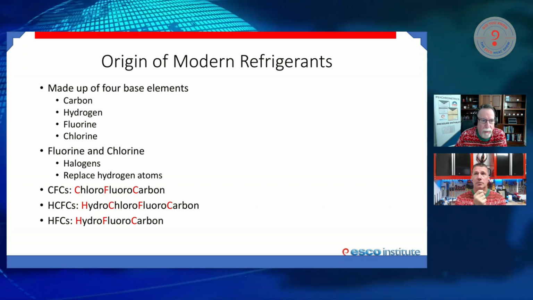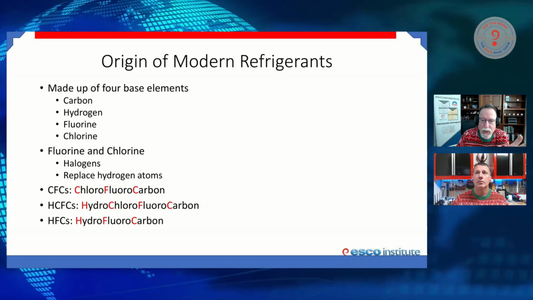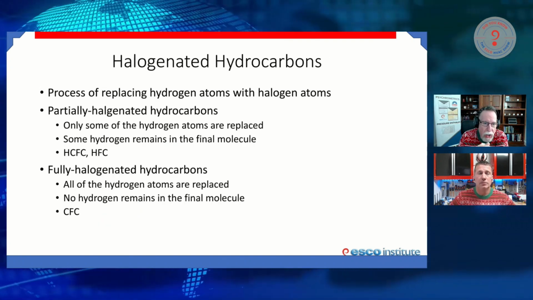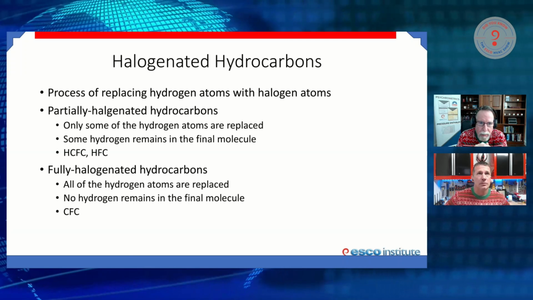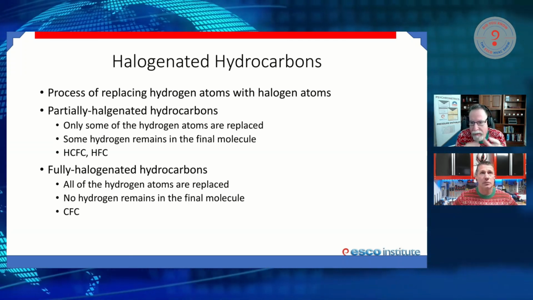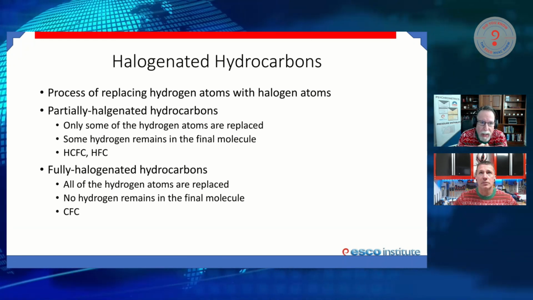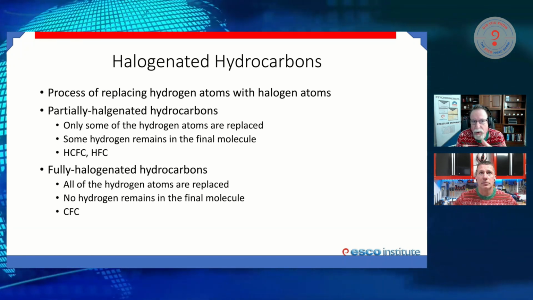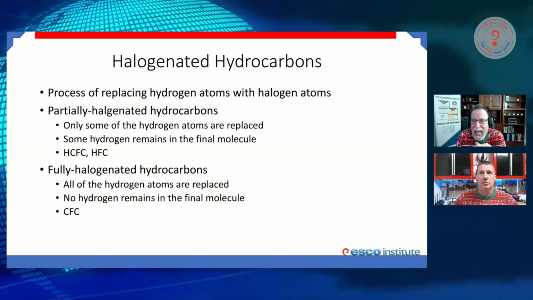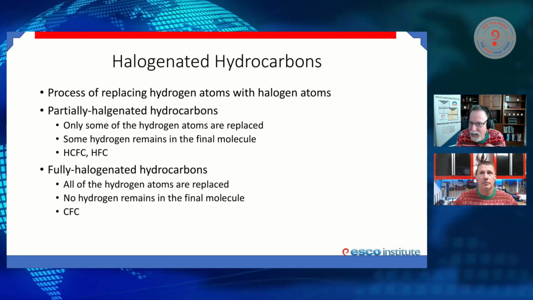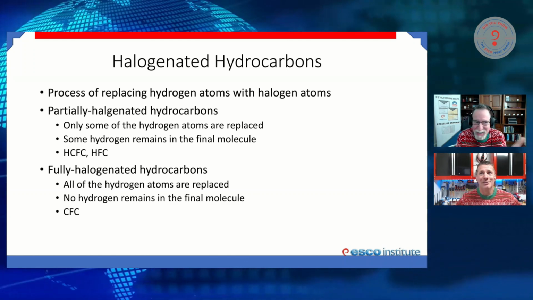So when we talk about CFCs, it's really about the atoms that make up those base molecules. Once we start plucking hydrogen off a molecule and replacing it with chlorine or fluorine, we don't have a pure hydrocarbon. We have what's called a halogenated hydrocarbon, which is a hydrocarbon that we halogenate.